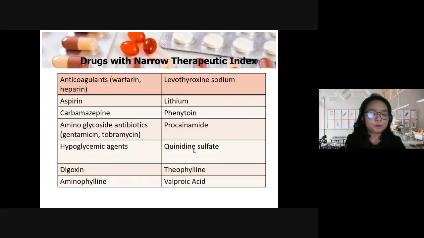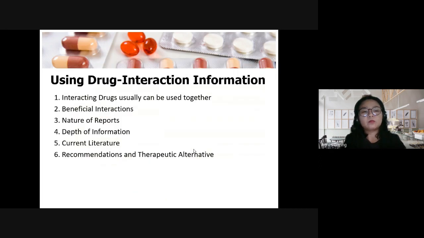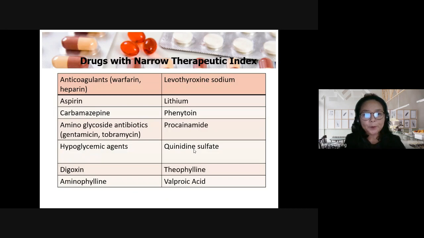So I hope you know the uses of these, no? If not, okay. So I will give you this as an assignment, okay? So kindly submit the indications, the uses of these drugs. Okay?